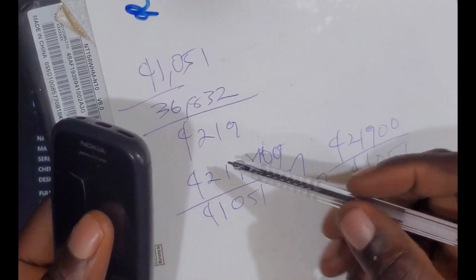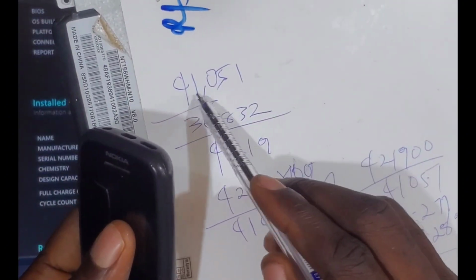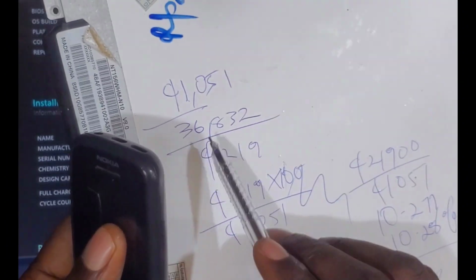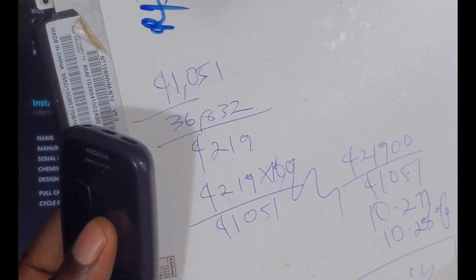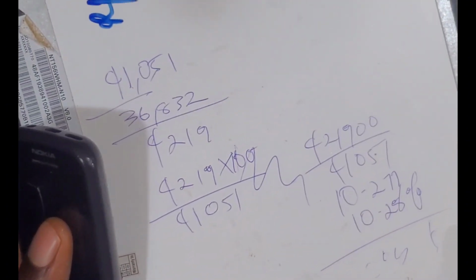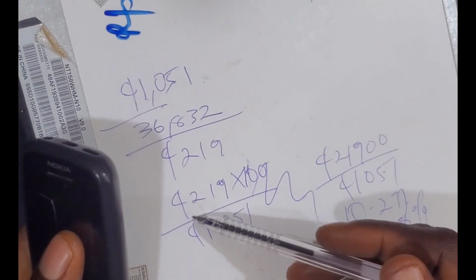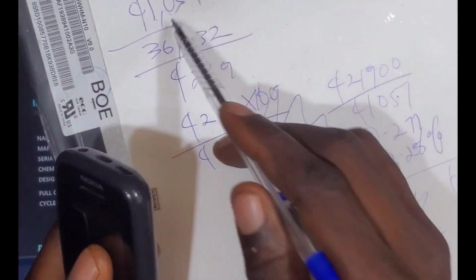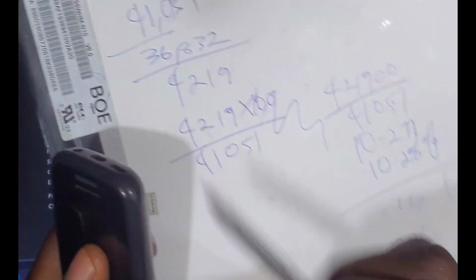But now with a new battery, if this one is 41,051, the full charge capacity should be the same as this 41,051. But if it is not new, you subtract it, and you can decide not to subtract it if you don't want to. It's going to be the same thing. So this one is full charge, this one is design capacity.